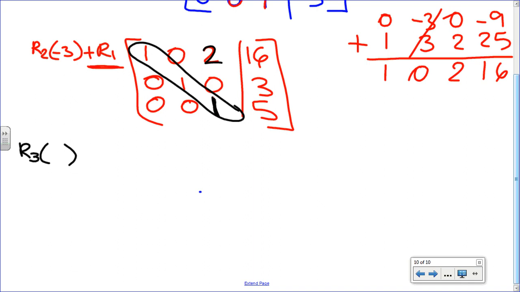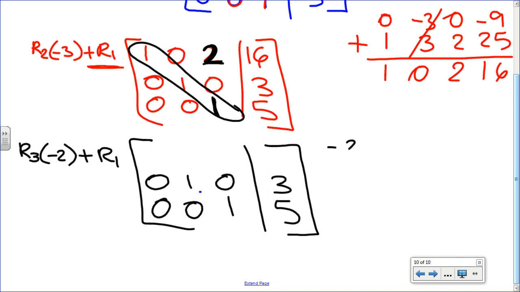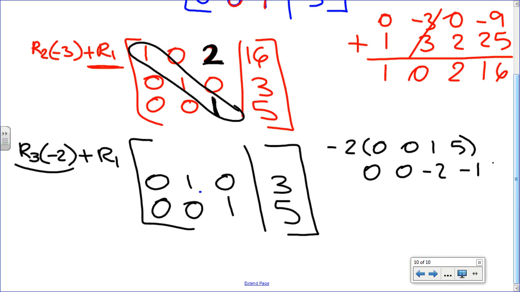What is the additive inverse of 2? -2 times R3, plus R1. Let's copy R2 and R3. -2 times 0, 0, 1, 5 gives 0, 0, -2, -10.